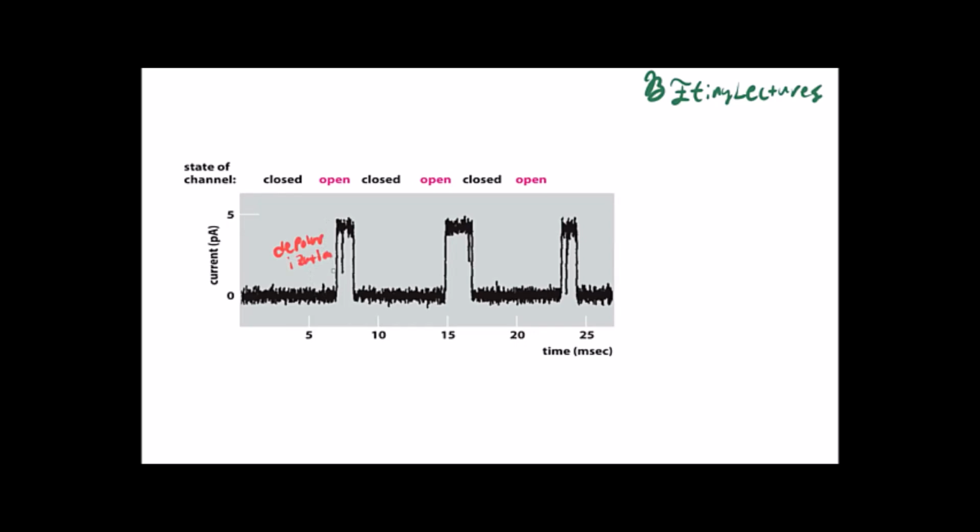And what a depolarization means is that we go into a positive number. Now, whenever we need to go from the open to closed, we are going to repolarize. Repolarization means that we go from a positive number into a negative number.